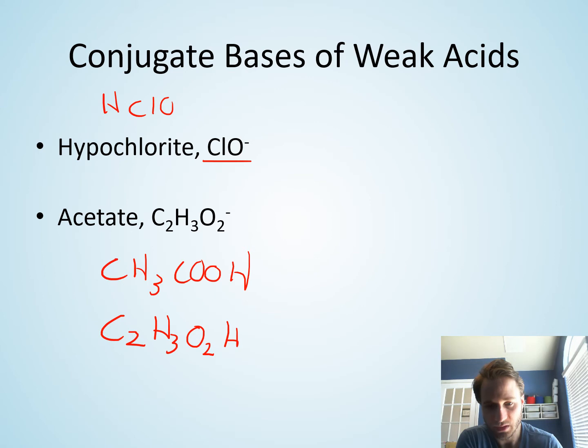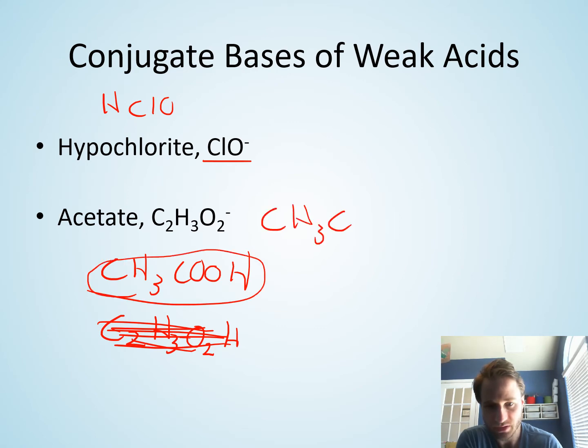Often I won't use this notation, I'll mainly use this. And acetate is often written as CH3COO minus. But these are examples of weak bases, which are conjugate bases of your weak acids.